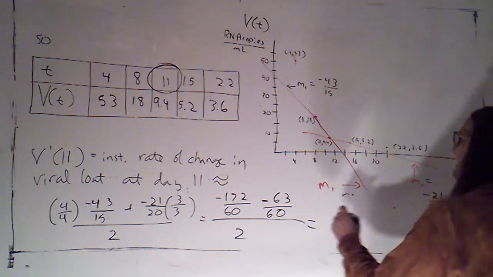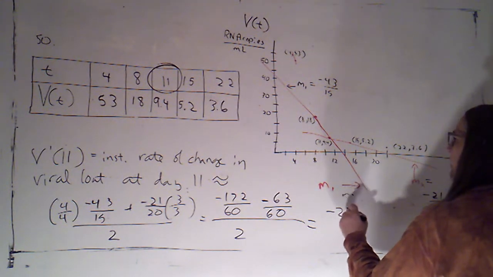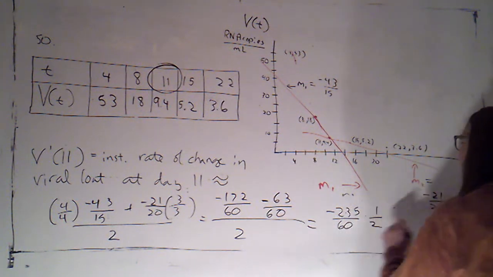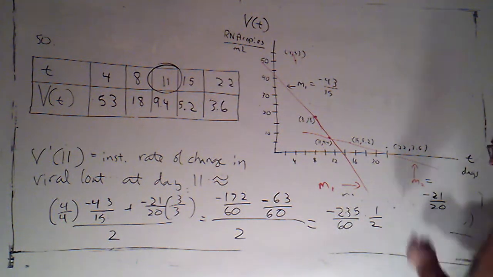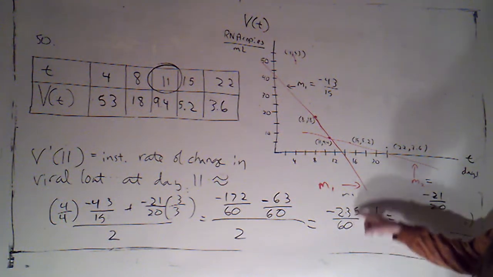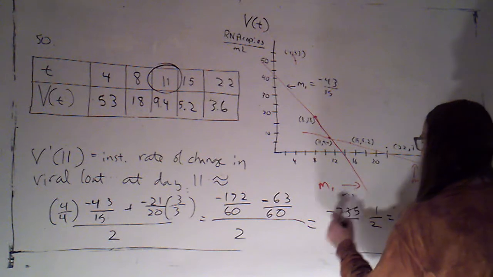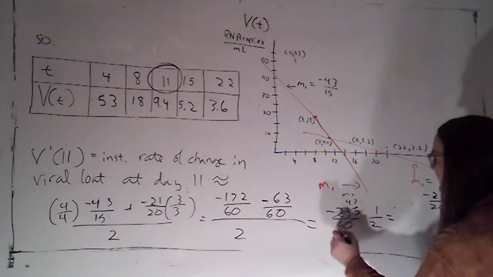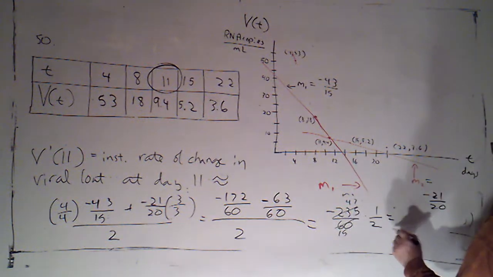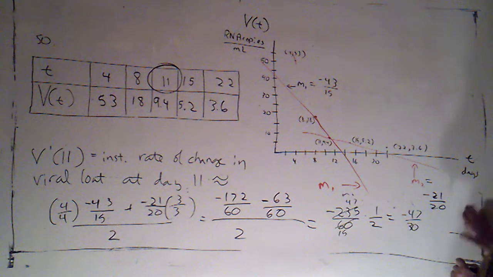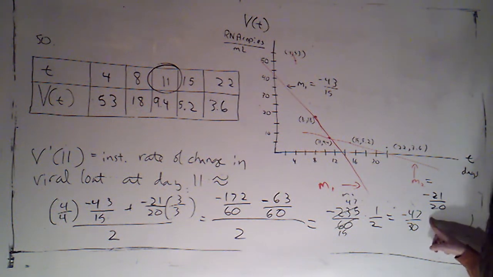So that's going to be negative 235/60 divided by 2, which is times 1/2. And I can do a little bit of reducing because 5 goes into the top and the bottom here. So 5's going to go in here 47 times. 5's going to go in here 15 times. So that's going to become negative 47/30.